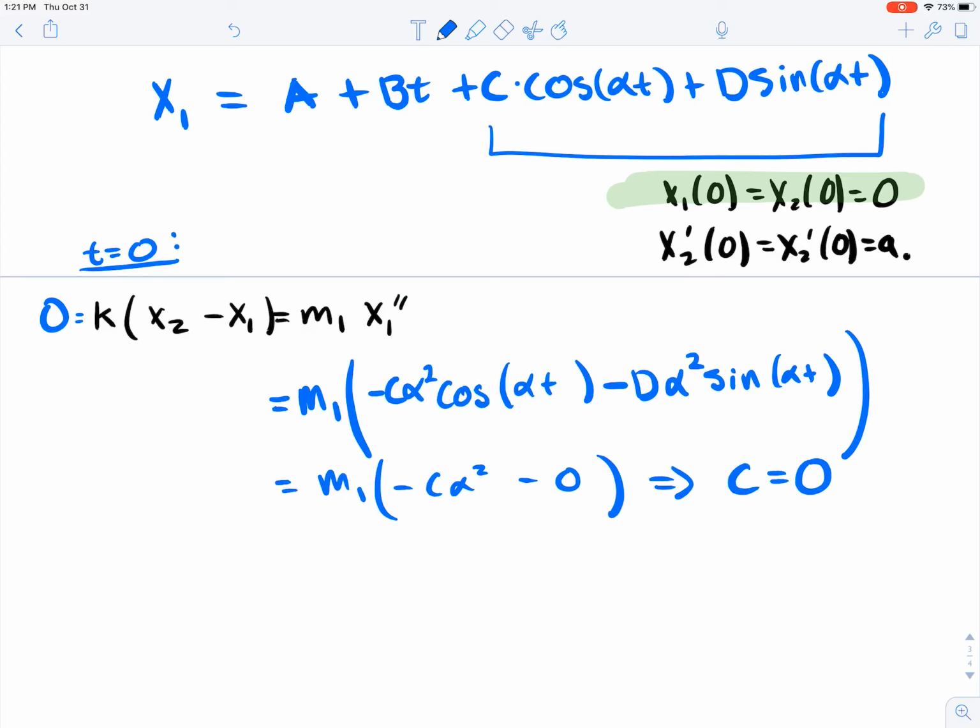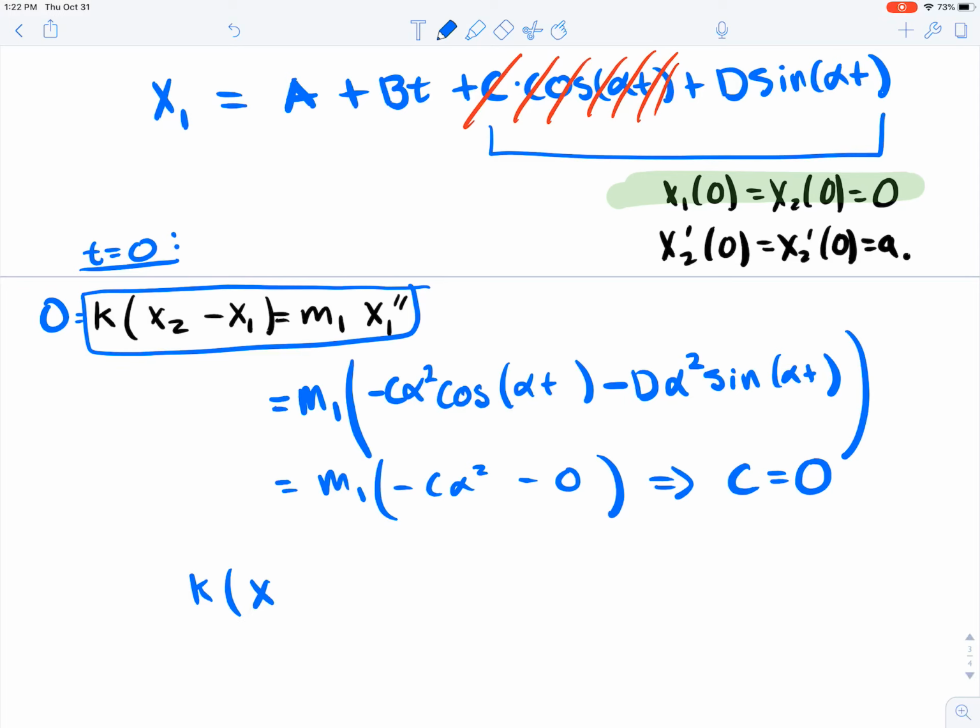So then, taking our red marker, we can just scratch this off since it's 0. Okay, now we want to use the second initial condition. So taking the derivative of this formula, I'm going to get k, that's a constant, times x2 derivative minus x1 derivative is equal to m1 times x1 to the third derivative.